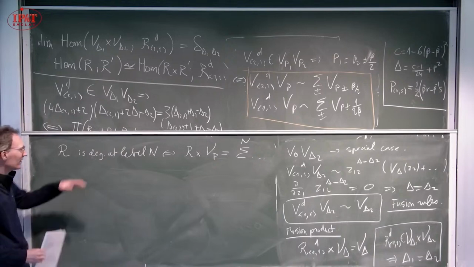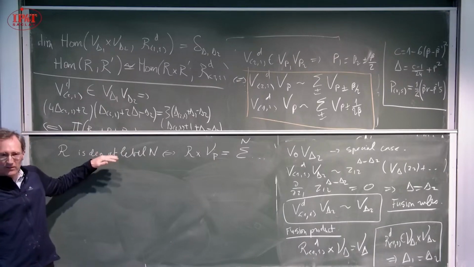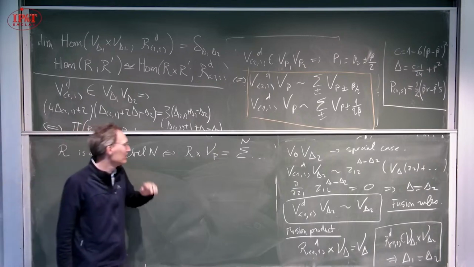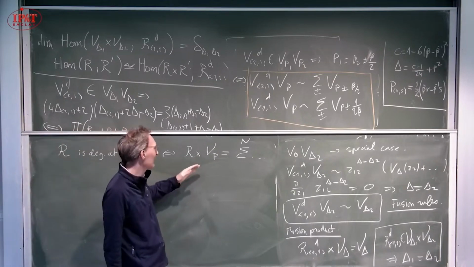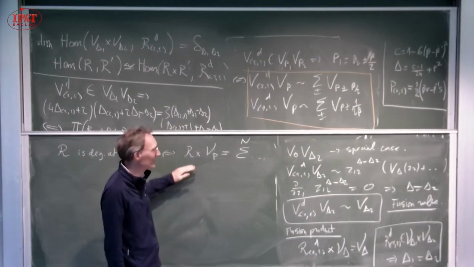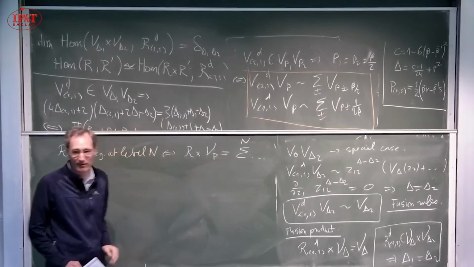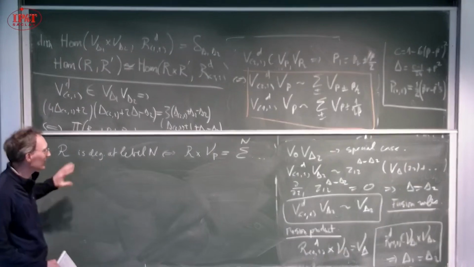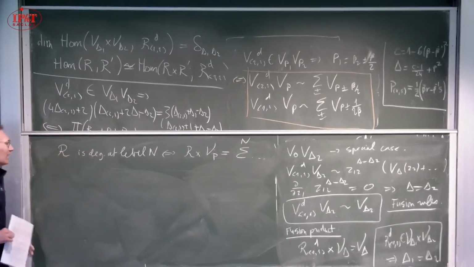So I want to replace the algebraic characterization of having vanishing null vectors inside the representation by a statement about, if you want, the category of representations, or equivalently about fusion product.